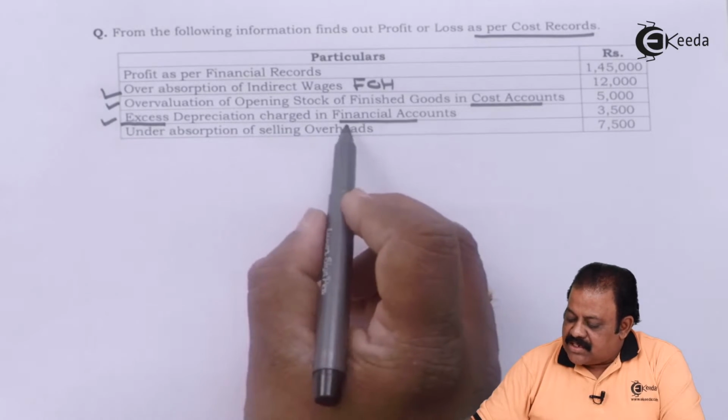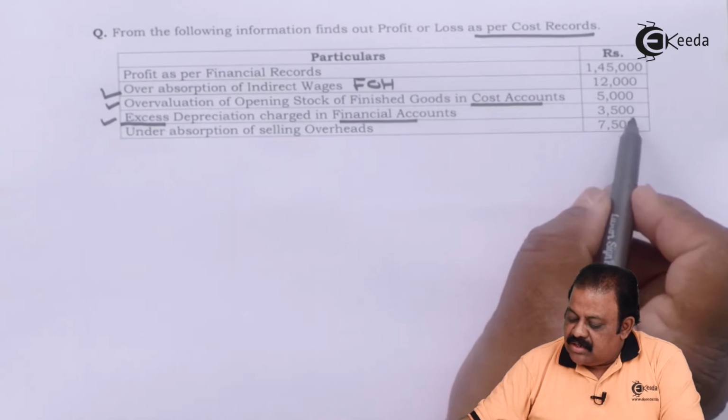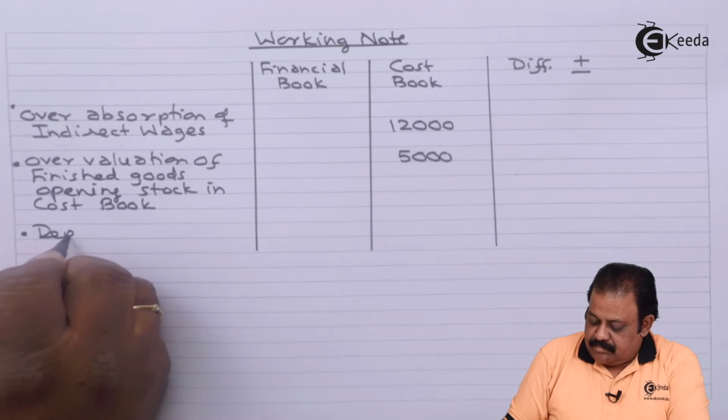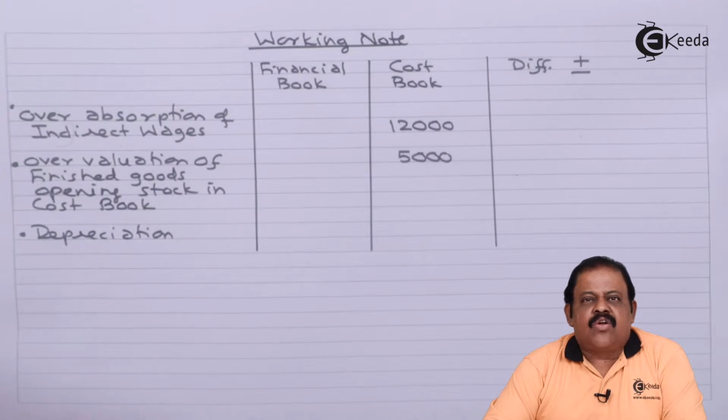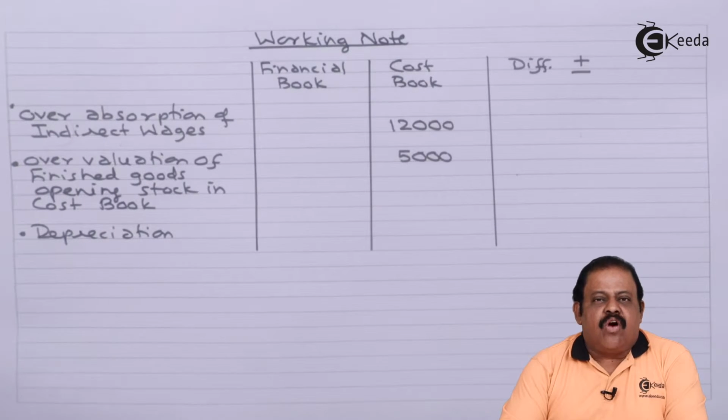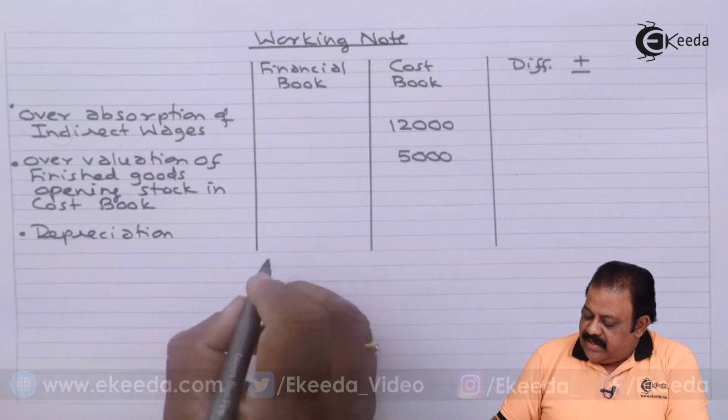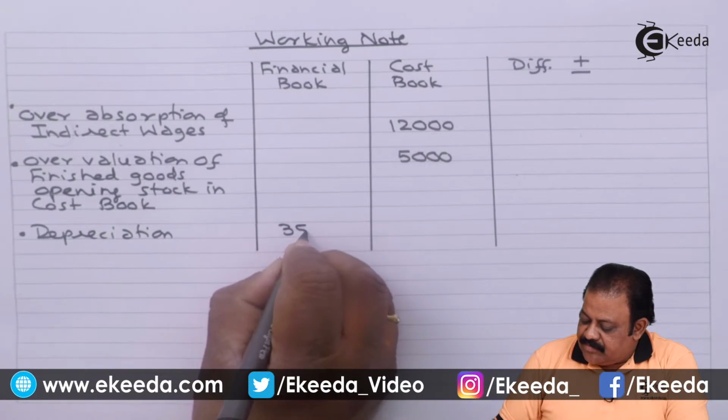Excess depreciation charge in financial book, 3,500. The amount of depreciation charged in cost book is not given, but they say that whatever amount is charged in cost book, 3,500 more is charged in case of financial book. So we'll take here 3,500.